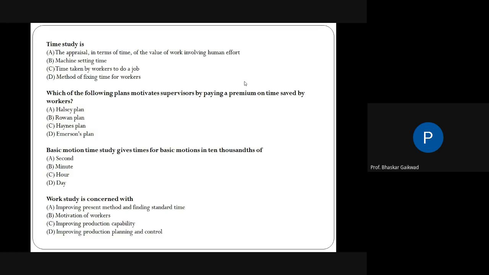Let us see our workshop job, which is manufactured on our CNC and VMC machine. We require these three points to decide the standard time required for a job, how to decide the worth of the job, and how much salary will be paid to that worker.